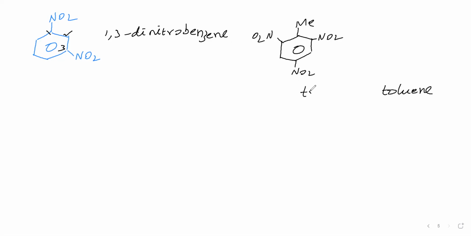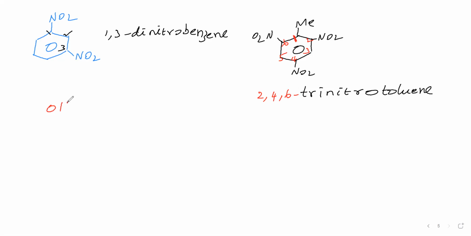Three. Therefore, trinitro. Now we have to give numbering. The carbon to which the methyl group is attached must be given number 1, then 2, 3, 4, 5, 6. So at 2, 4, 6 nitro groups are present. Therefore, 2,4,6 trinitrotoluene we can say.